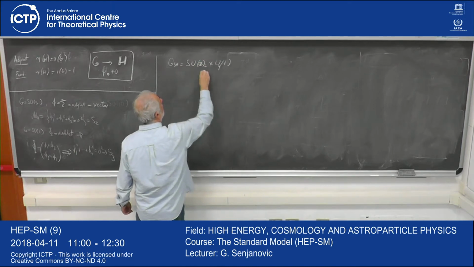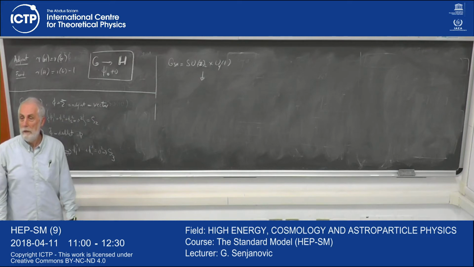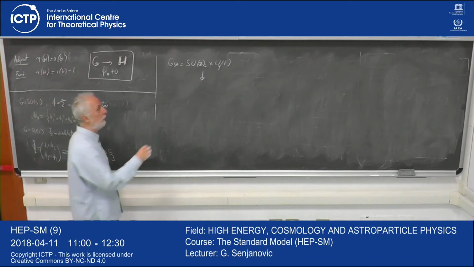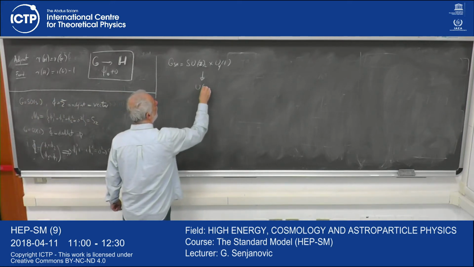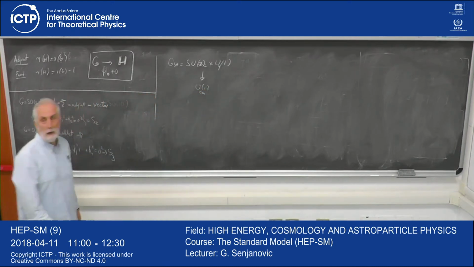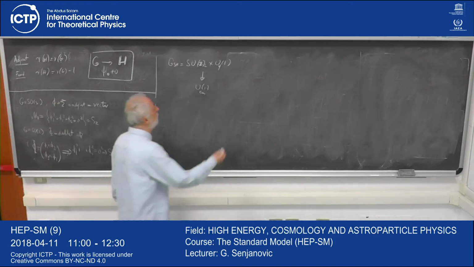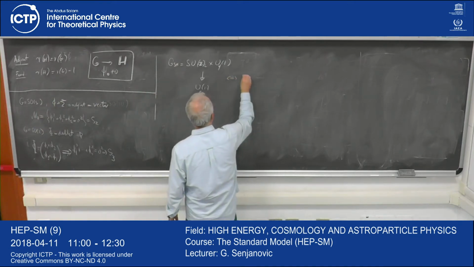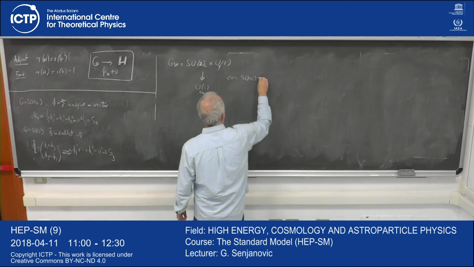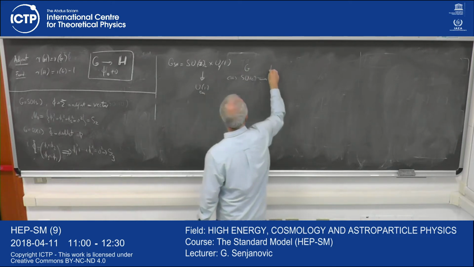This we know is broken, and we know that the symmetry of the world is only U1 electromagnetism, you agree? There's no other symmetry. The other gauge fields are very heavy. So that means this is equivalent to having SU2 broken to nothing. This will be G, this will be H.